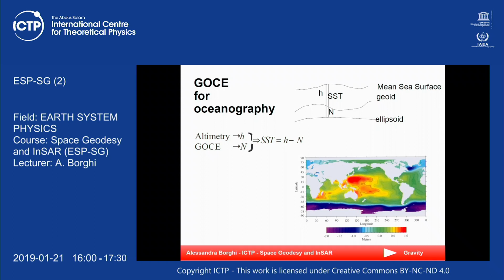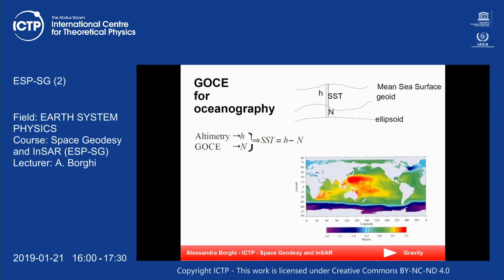We have seen that the geoid is an equipotential surface of the gravity field. The oceans, because they are made of water, lie along this equipotential surface. But this is just an approximation, because we have strong currents that produce a topography of the sea.